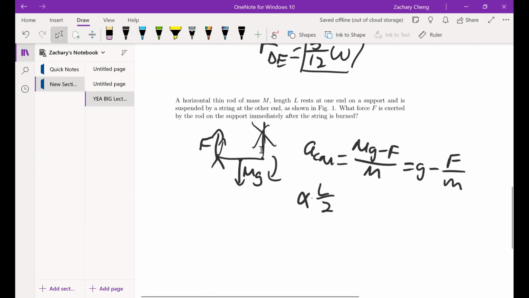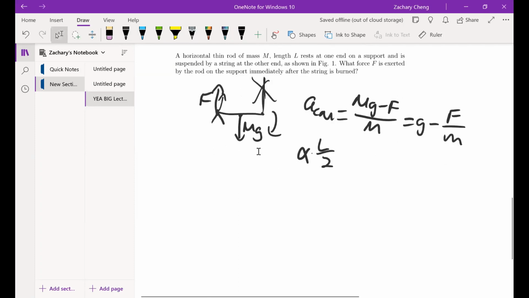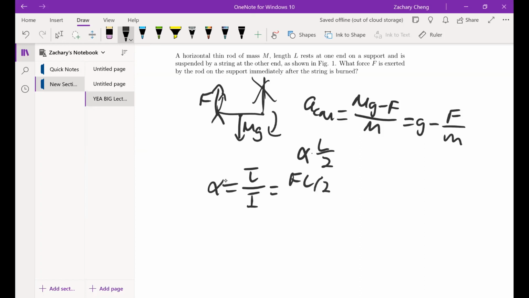And so now to find alpha, we have alpha is equal to the torque over the moment of inertia. Of course, we're looking at the rod rotating around the center of mass. The force is F going up here, and the distance from the force to the pivot point is L over 2. So that's FL over 2.